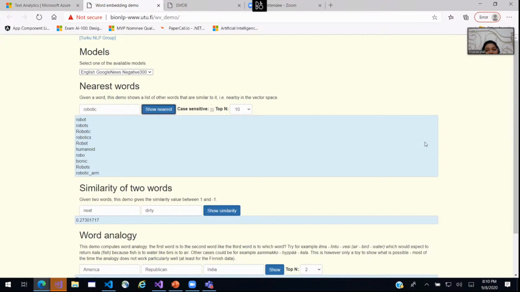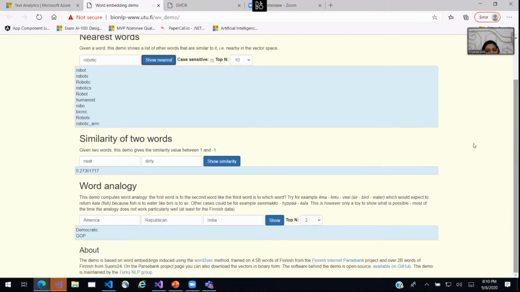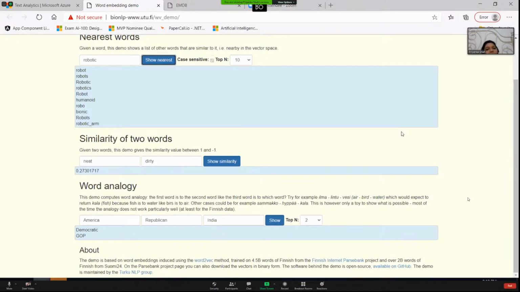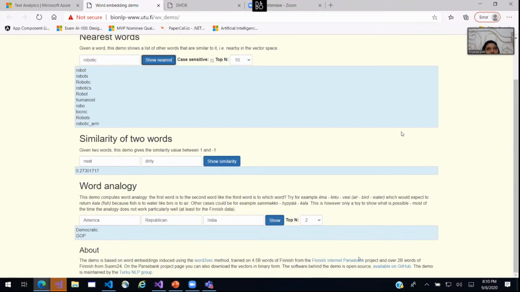Okay, and then just to show what it does: when we are talking of semantic closeness of words, we are trying to compute the cosine distance between words. So the more similar the words are, the angle between them will be zero, so the cosine will be one, right?